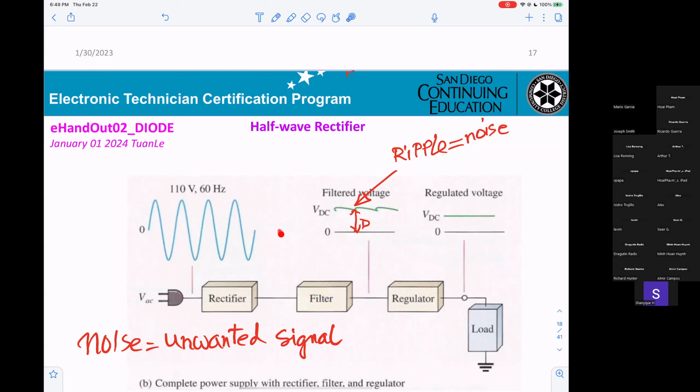Then they need the filter here. Inside they get a capacitor, so that's why you get a DC voltage. However, on the top of the DC you get a noise, and they need the regulator to remove that noise. That is the purpose.